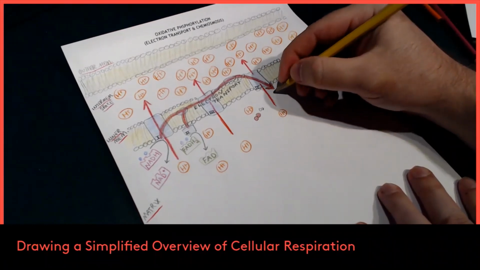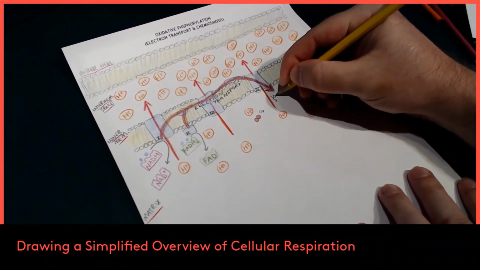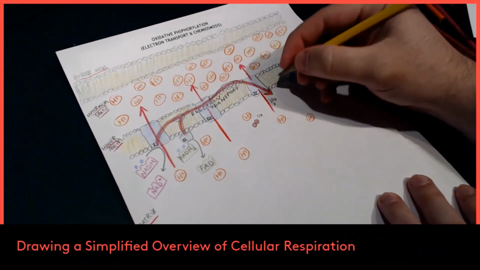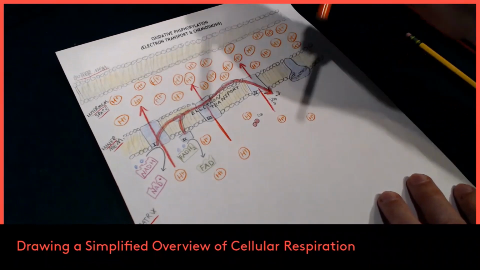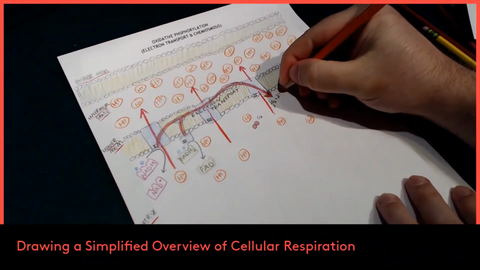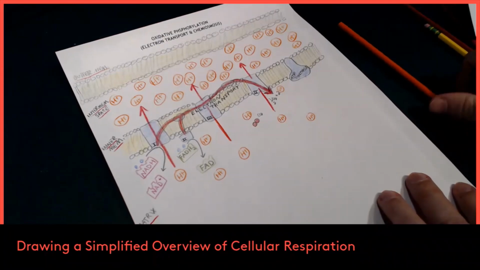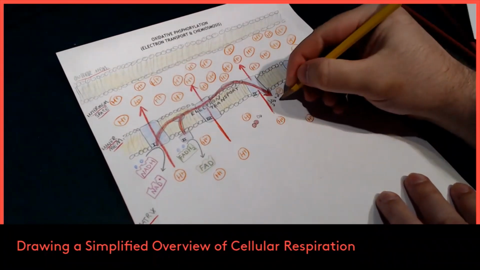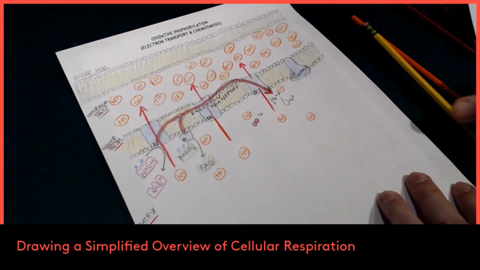What's going to happen here is you have 1/2 of that O2 molecule right there, and it's going to combine with 2 H pluses. And guess what that's going to yield? H2O.